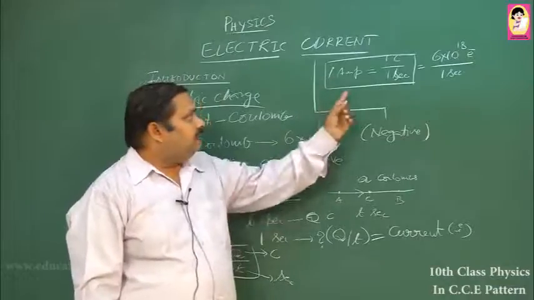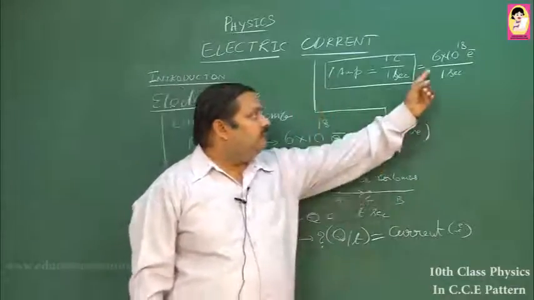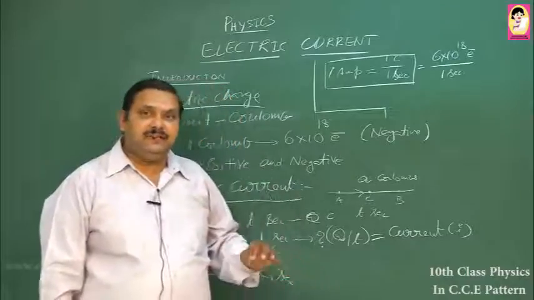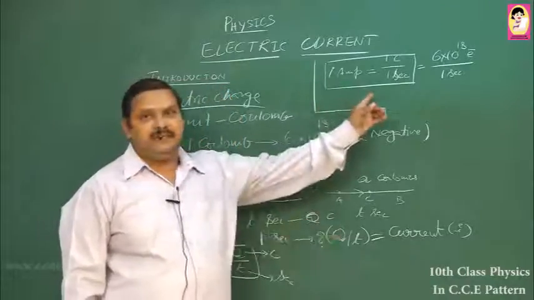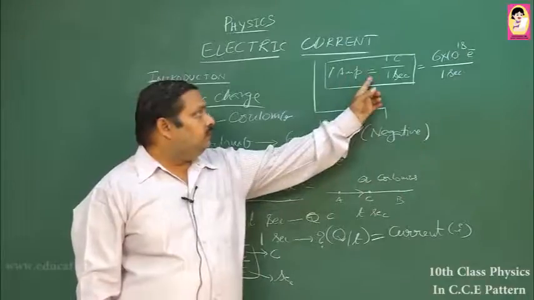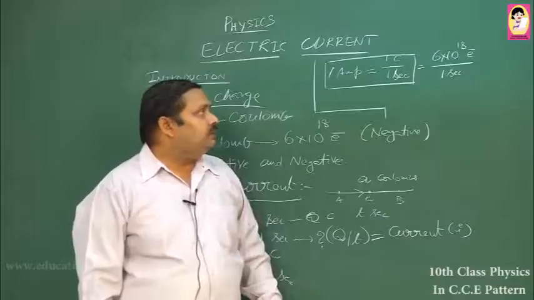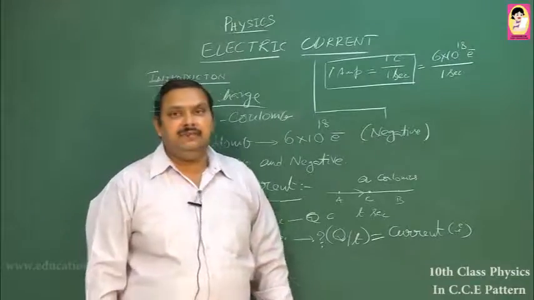If there is a flow of 6 into 10 to the power of 18 electrons in 1 second, that current also can be taken as 1 ampere current. So, 1 ampere current is equal to 1 coulomb by 1 second, or it is also equal to 6 into 10 to the power of 18 electrons in 1 second.